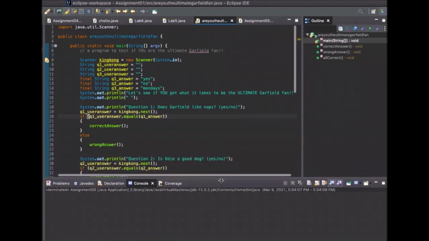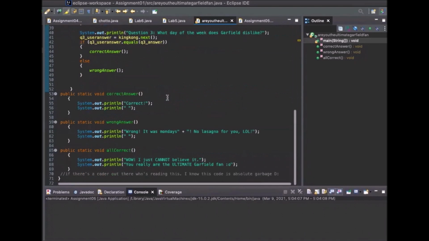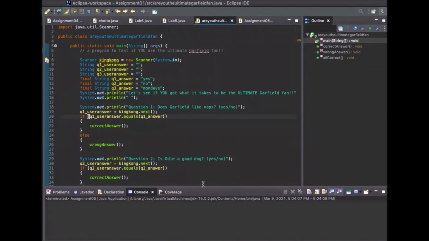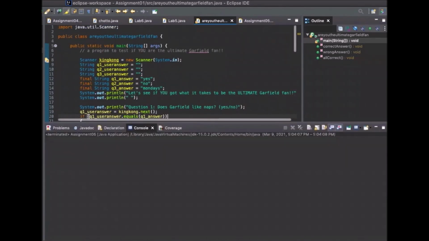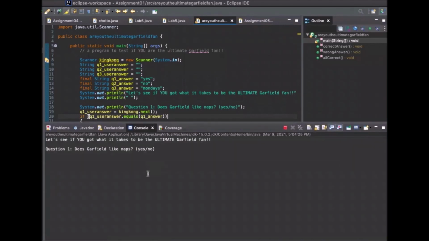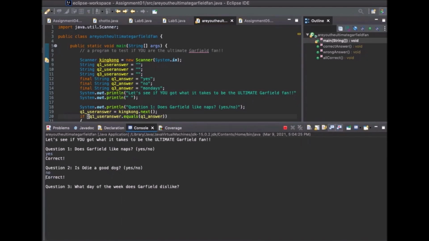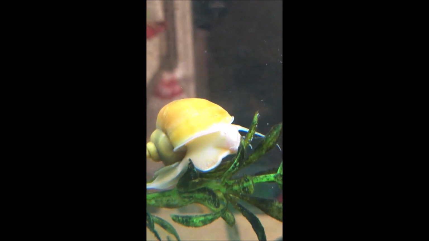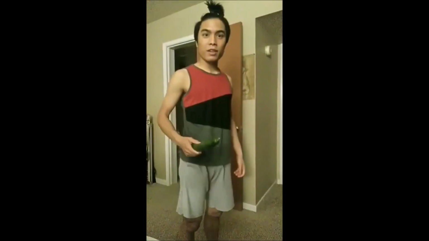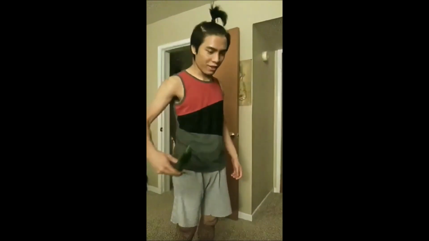I finally coded a program that will prove to everyone that I am the ultimate Garfield fan. No. Easy! Hey, do you guys want to see a funny joke?